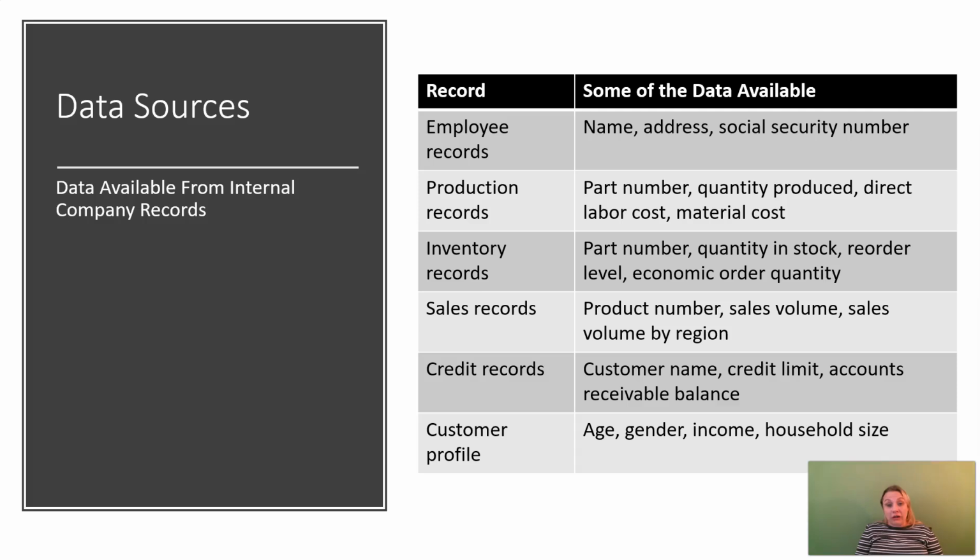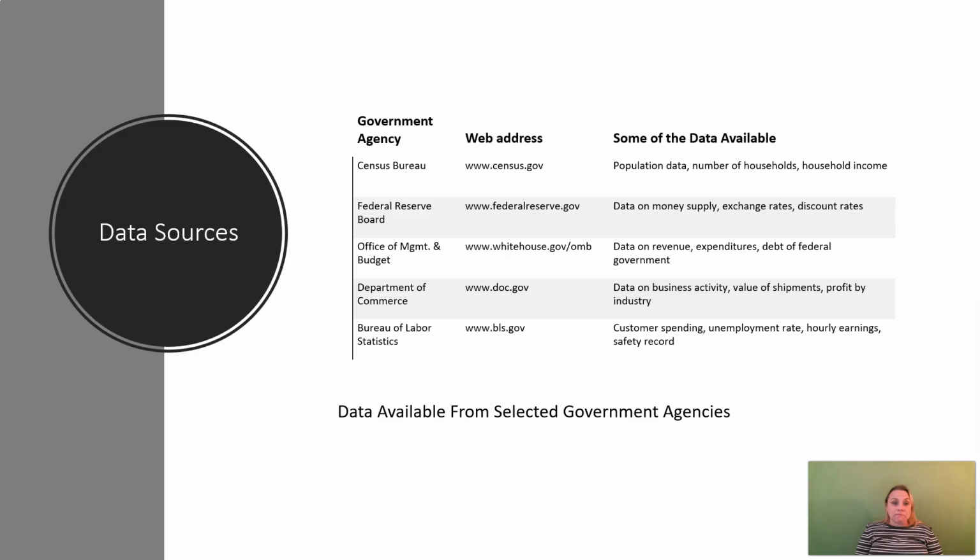If you look at credit records, they might have your name, your credit limit, accounts receivable balance, and so forth. Some data sources that are available from government agencies include the Census Bureau, Federal Reserve Board, Bureau of Labor Statistics, which is a really good spot to get data, Department of Commerce, and so forth.